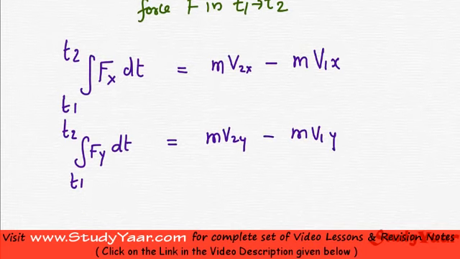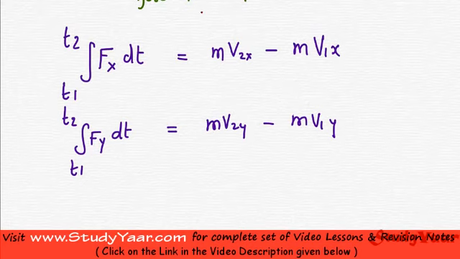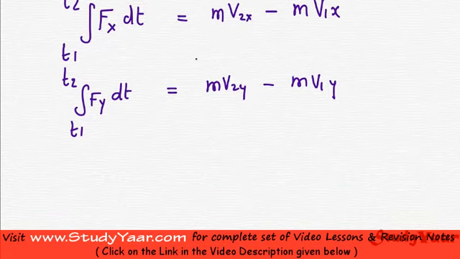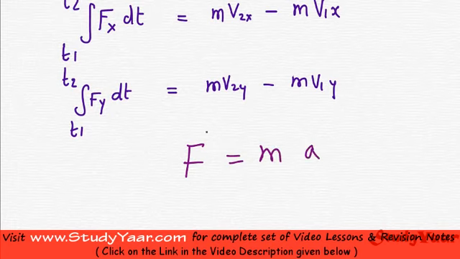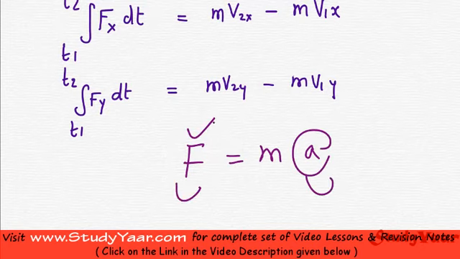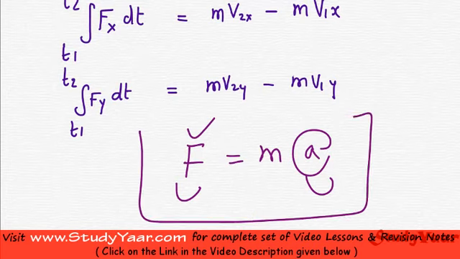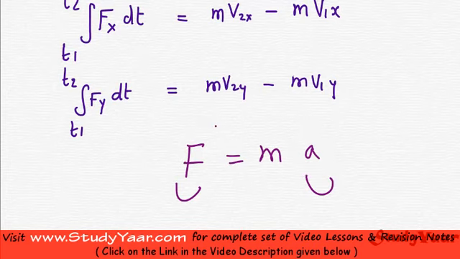Look over here, you have a relationship between force, time and velocity. When we solved our problems with F is equal to ma, we had a relationship between force and acceleration. If you want to find out acceleration, you apply that equation.